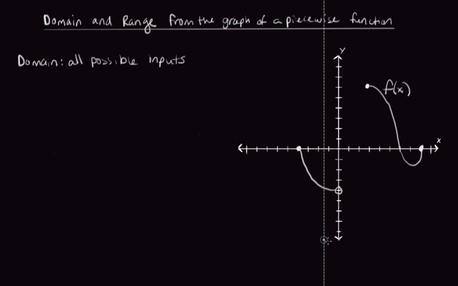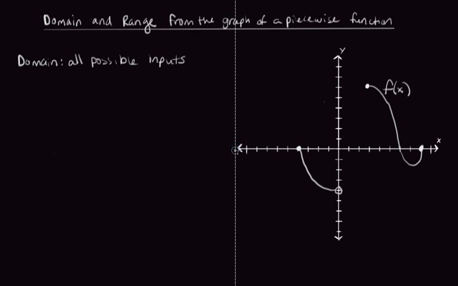So I'm going to kind of move my line horizontally and see where is my graph. So I don't have anything over here, right? There's nothing over here. It starts right here. So this is the lowest point, the lowest x value on the graph. It's -4. So let's go ahead and write that.